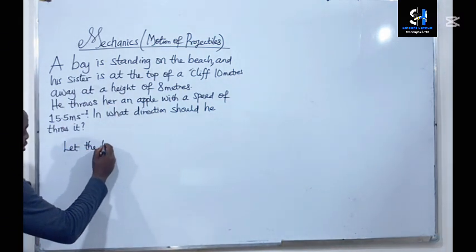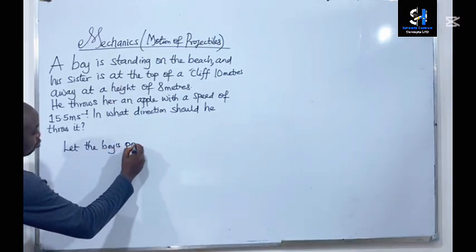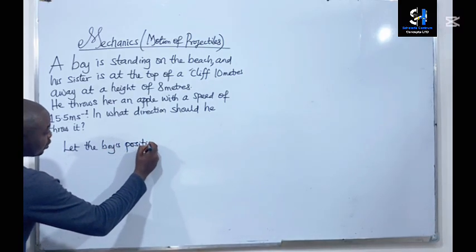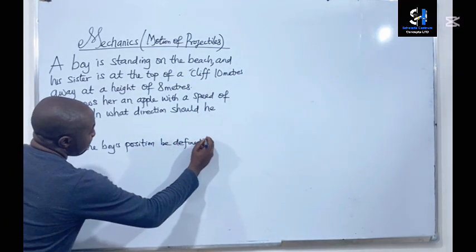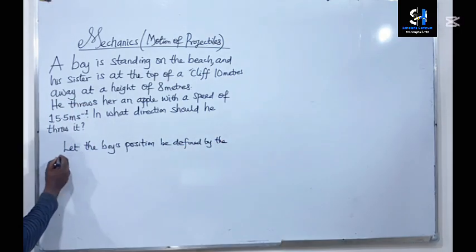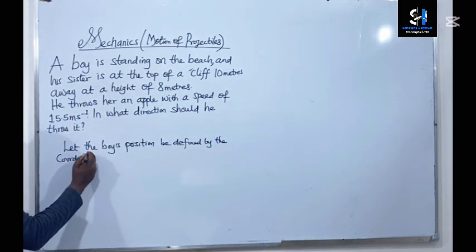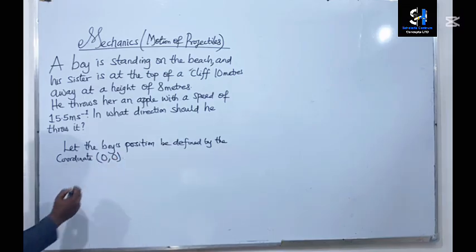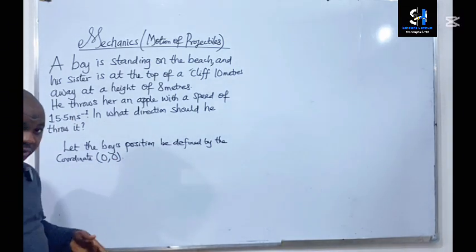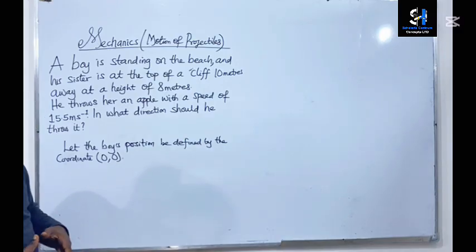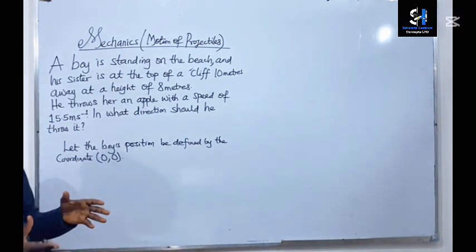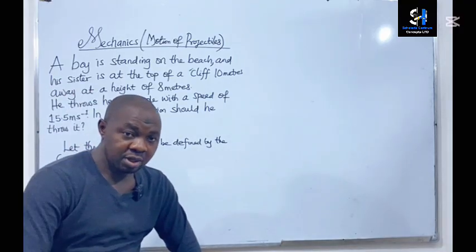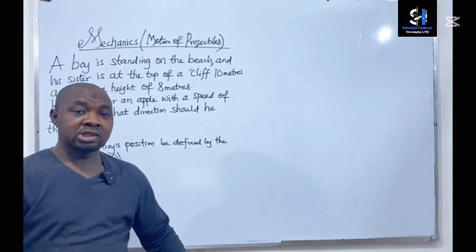Let the boy's position be defined by the coordinates 0 and 0. The first 0 represents horizontal distance. The second 0 also represents vertical distance or vertical height, meaning that because the boy is standing on the beach, he is at datum level. So horizontal and vertical distance will be 0.